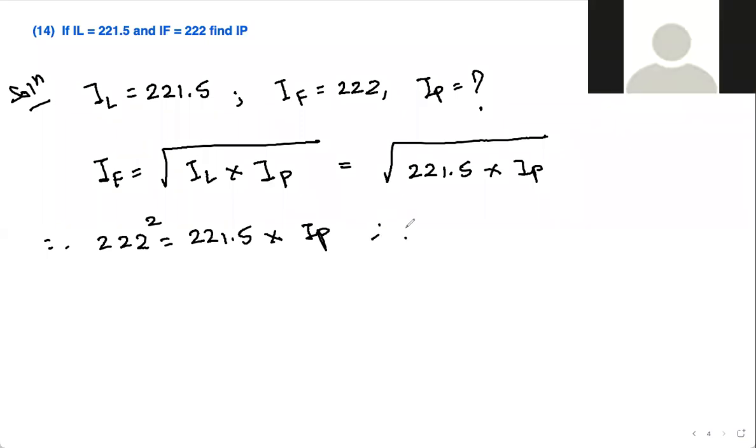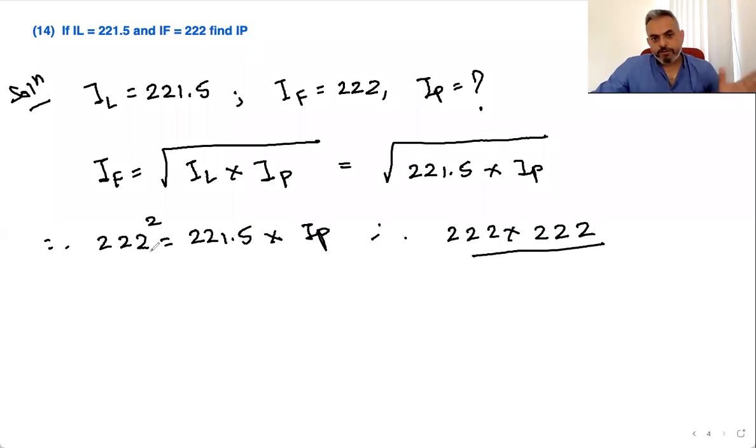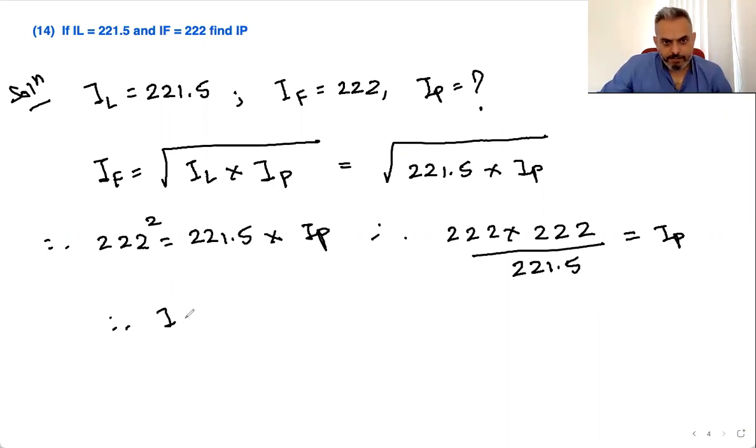So therefore, 222 square divided by 221.5 is equal to IP. Therefore, IP is equal to 222.50. Answer.